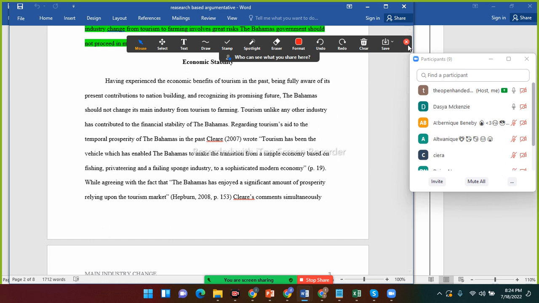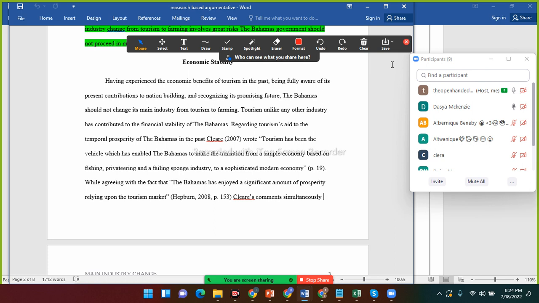Economic stability. Having experienced the economic benefits of tourism and aware of its present contributions to nation building and recognizing its promising future, the Bahamas should not change its main industry from tourism to farming. Tourism, unlike any other industry, has contributed to the financial stability of the Bahamas.